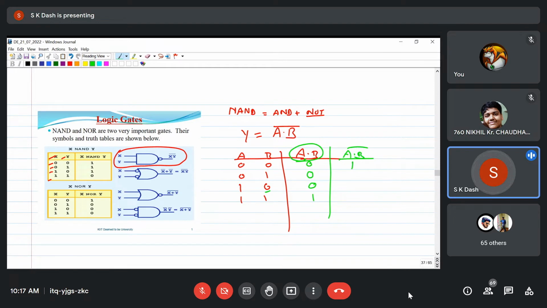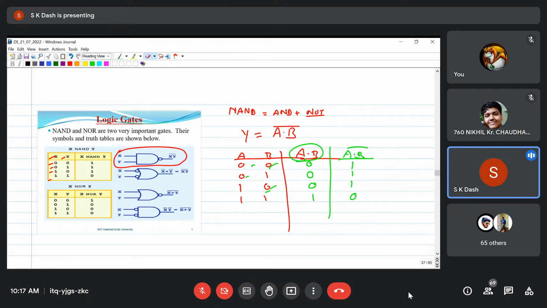So 0 means 1, 0 means 1, 0 means 1, 1 means 0. Now if we define this NAND gate, what can we define? If any one input is 0, then the output of NAND gate will be 1. Otherwise output will be 0.